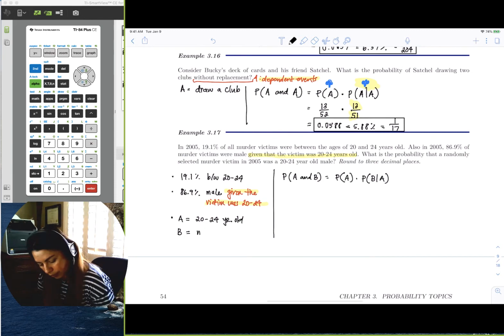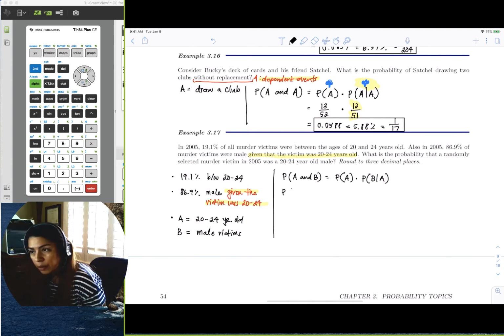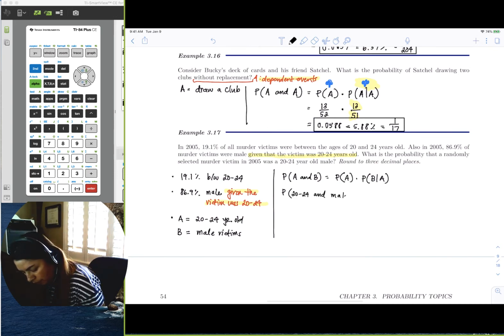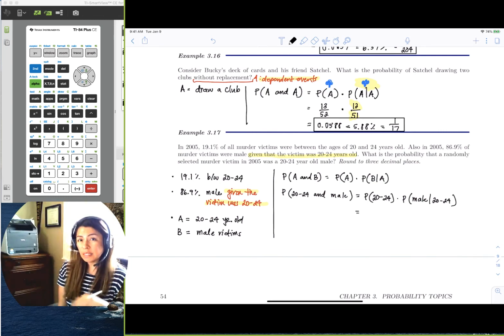So the probability that they are 20 to 24 and male is equal to the probability that they're 20 to 24 years old times the probability that you're male given that they're 20 to 24 years old. We can see that we have some pieces and some pieces are missing.